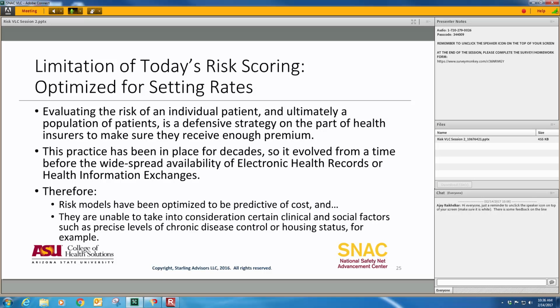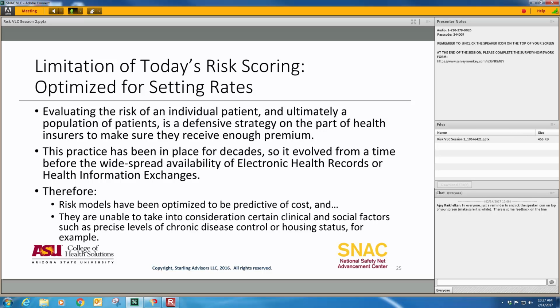We also have the challenge of patients who may churn on and off, for example, Medicaid coverage, and so not all of their claims actually reach the plan, so they may not be looking at the whole picture. There are a lot of reasons why it can be problematic that we can't yet factor in EHR or health information exchange data. So risk models have really been optimized to be predictive of cost, and they're unable to take into consideration certain clinical and social factors such as precise level of chronic disease control or housing status, as examples.